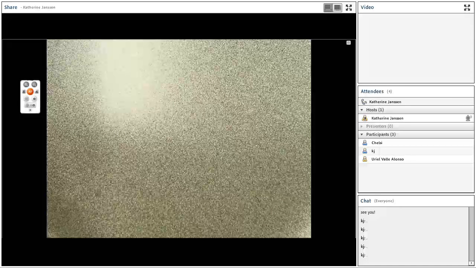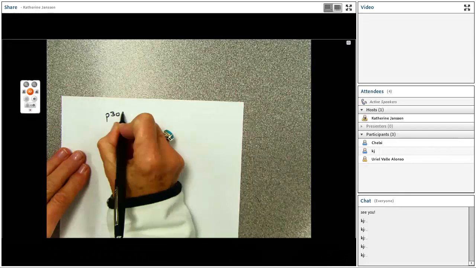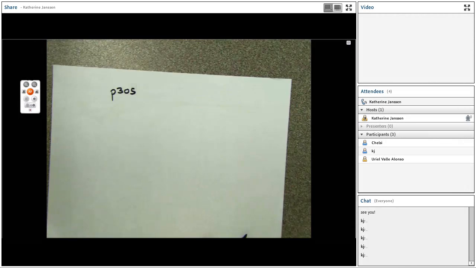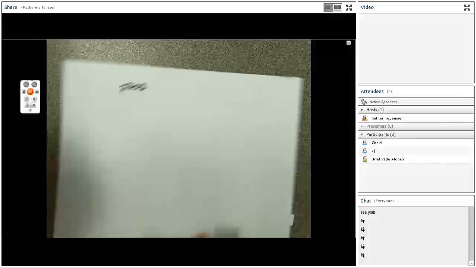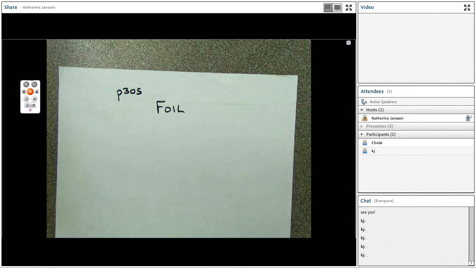Right, today we're going to start on page 305. We have been discussing FOIL as a method to multiply two binomials.